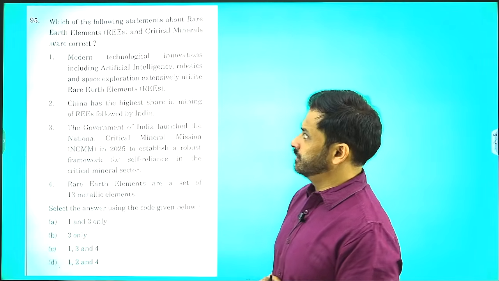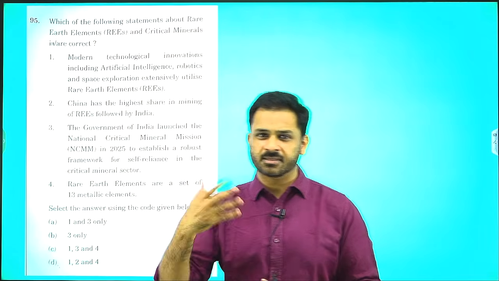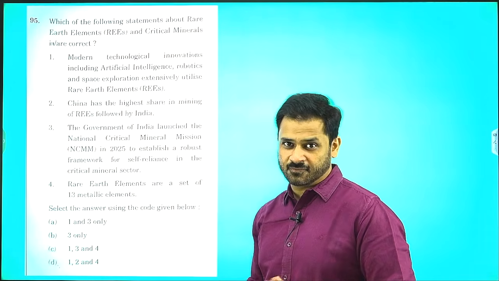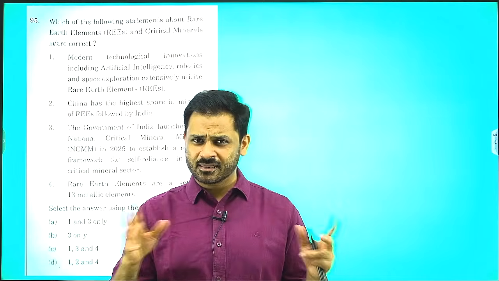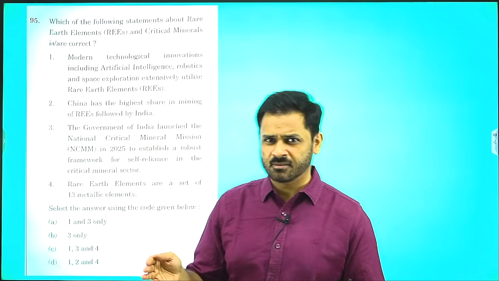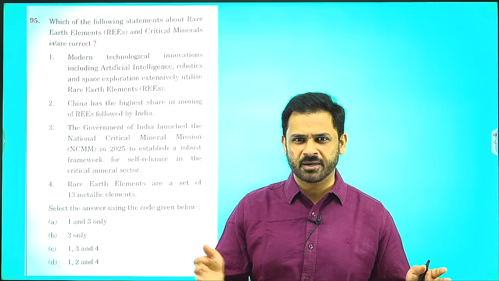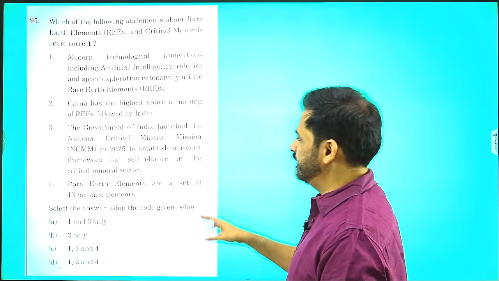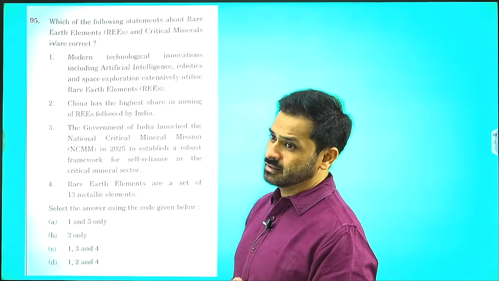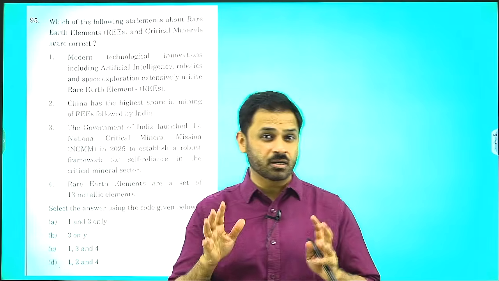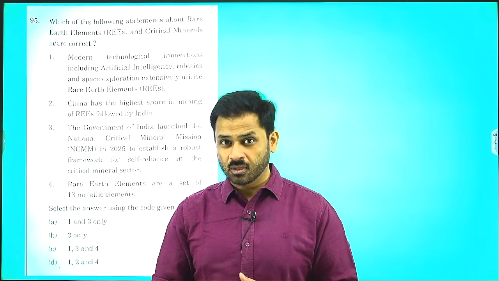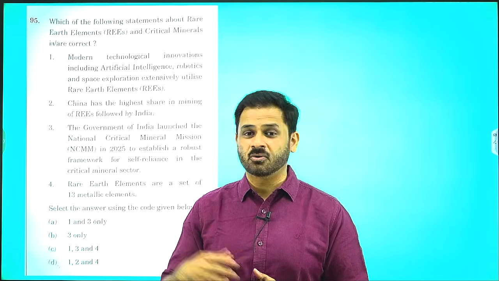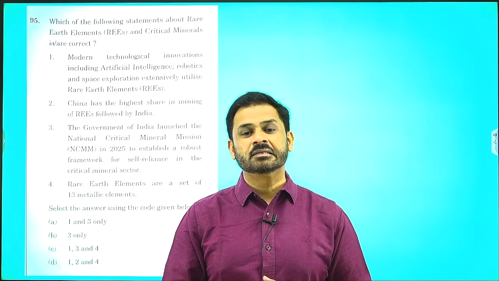Rare earth elements, of course, are of two types, the heavy ones and the lighter ones. Overall 17 in number, not 13 as reflected over here. Mostly lanthanides, which are placed in the periodic table with atomic number 57 to 71, and then we have scandium and yttrium. So overall 17 rare earth elements are there. China has 40% of the world's reserves of rare earth elements, followed by Brazil, which has 19%.